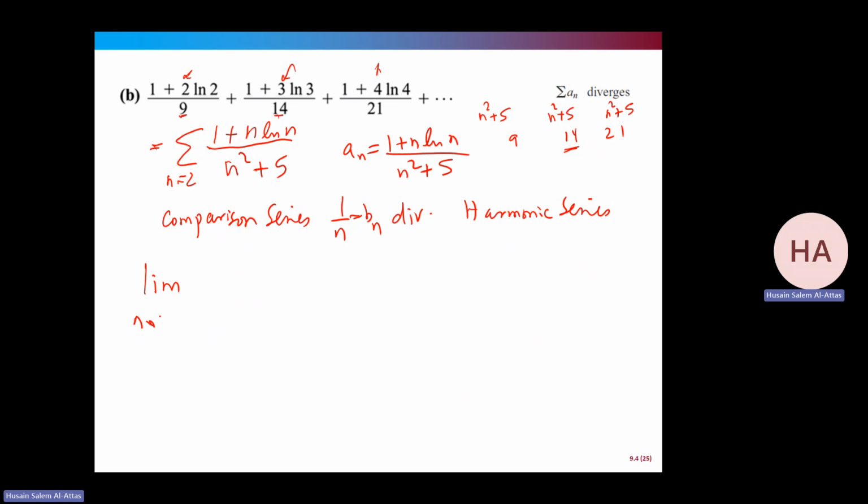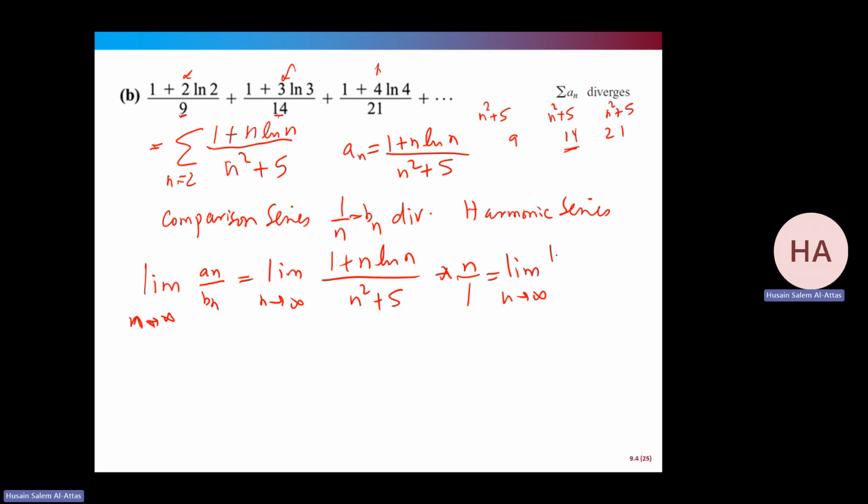Limit as n goes to infinity of An over Bn. That will be the limit as n goes to infinity of 1 plus n ln n over n squared plus 5, times n over 1. That will be the limit of n plus n squared ln n over n squared plus 5.